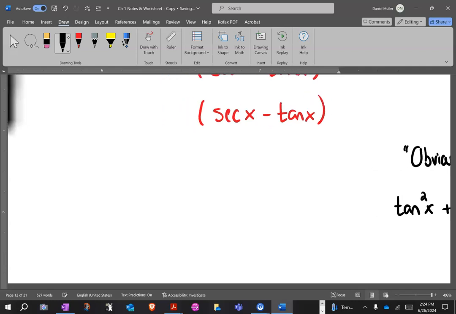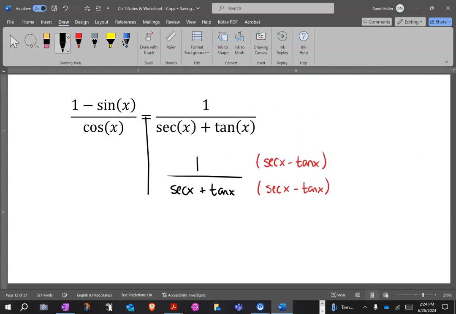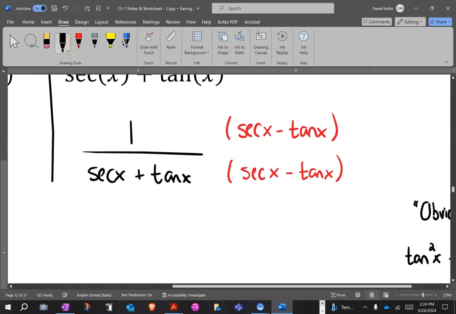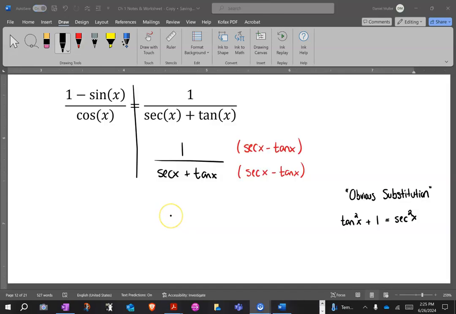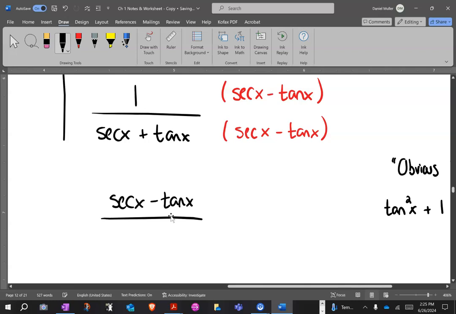So I'm going to do this. On the top, it's just going to be 1 times anything is itself, so I'm going to get a secant x and a negative tan. That'll be on top. And the bottom will be a lot more complicated, though things will mostly cancel out.